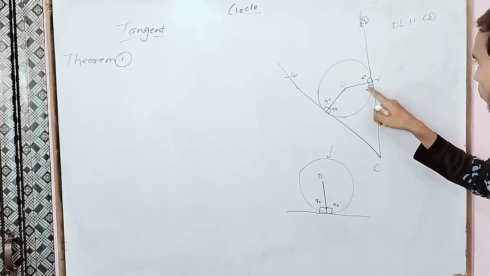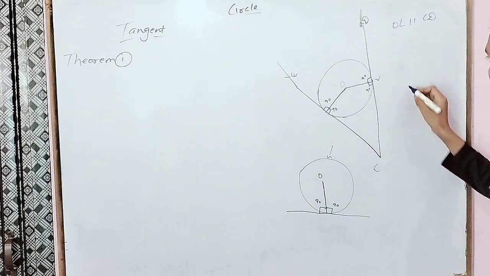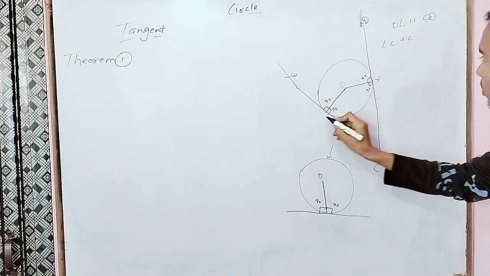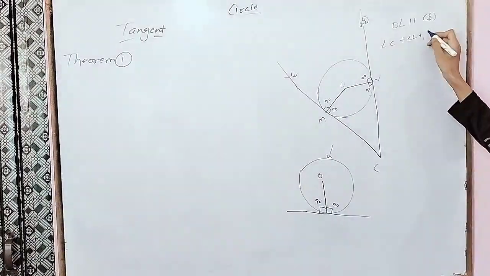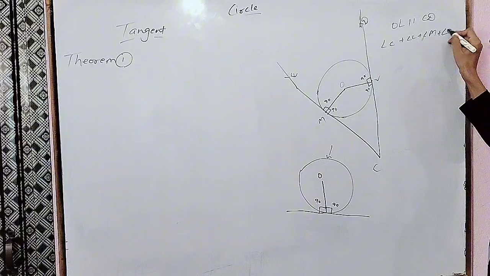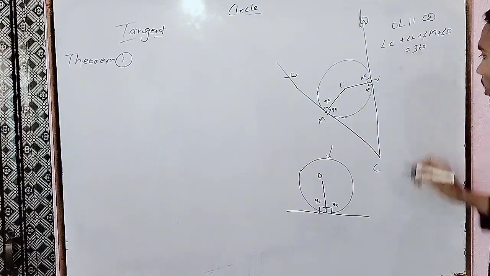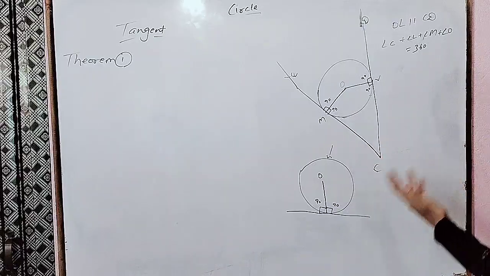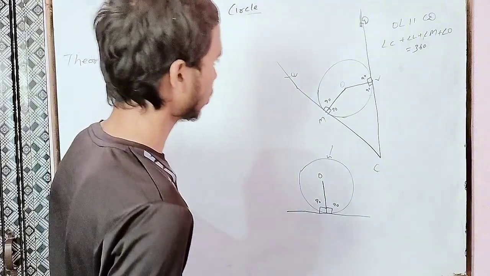So the sum of this angle, this angle, this angle, and this angle will make: angle C plus angle L, let's say this is M, angle M and angle O will make 360 degrees, because it is a quadrilateral. A quadrilateral has 360 degrees of total interior angles.